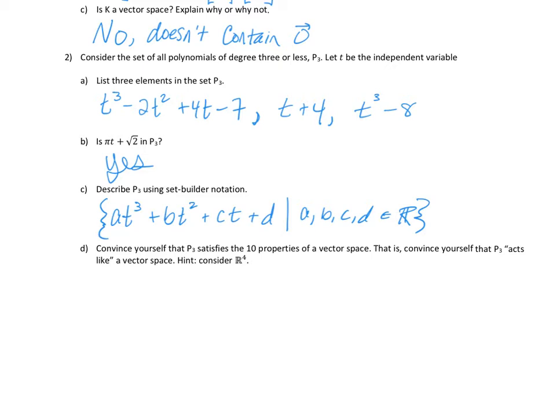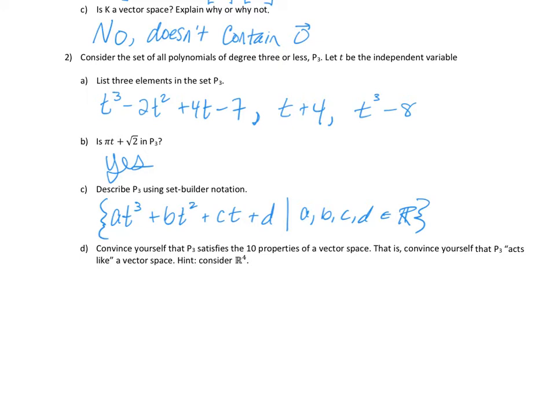Convince yourself that P3 satisfies the 10 properties of a vector space. That is, convince yourself that this acts like a vector space, kind of like R4. One of the most important ones that we typically check first is, does it contain the 0 vector?